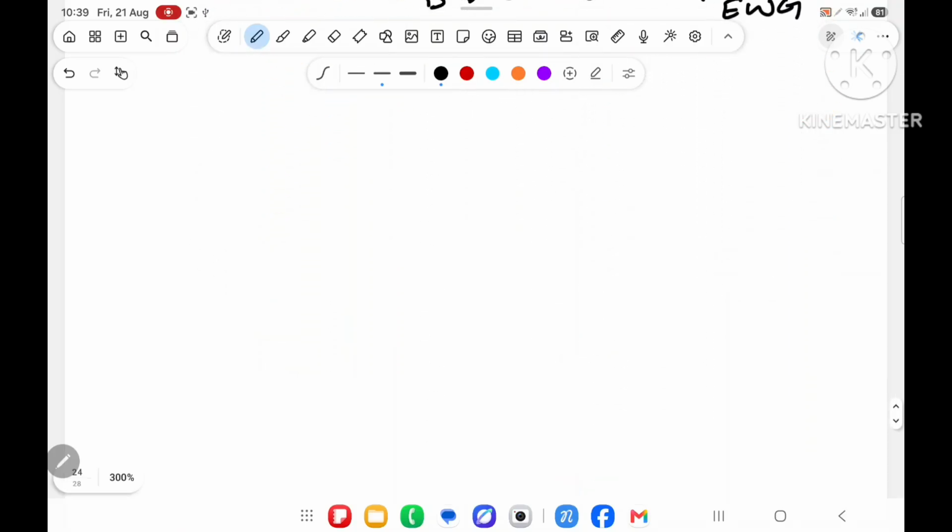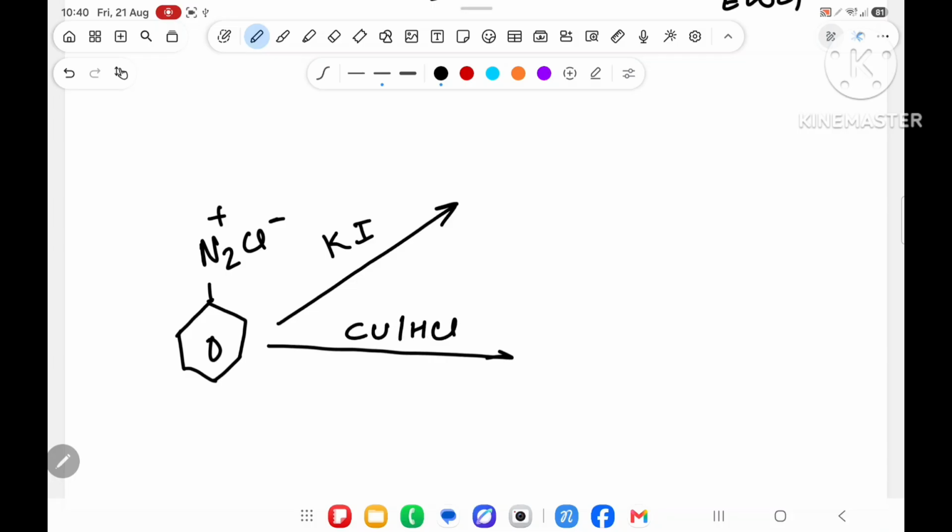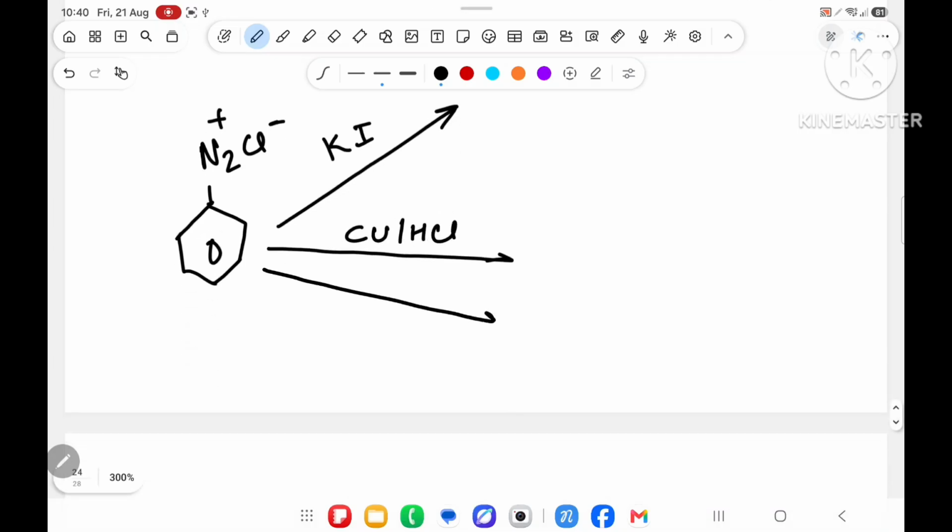First I have to make benzene diazonium salt. After making it, I will write over here benzene diazonium salt, N2+ Cl-. This benzene diazonium salt reacts with KI. This benzene diazonium salt reacts with Cu in presence of HCl. This reacts with Cu in presence of HBr.